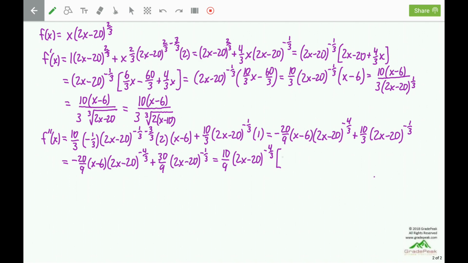So we have left after factoring a negative 2 times an x minus 6 and a plus 3 times 2x minus 20.